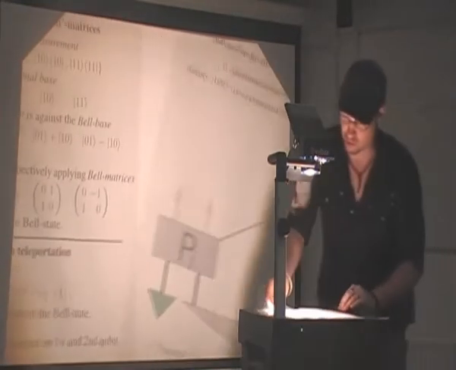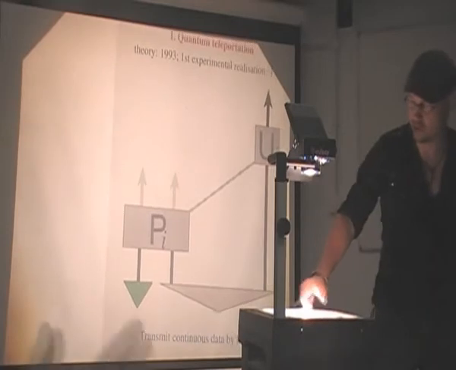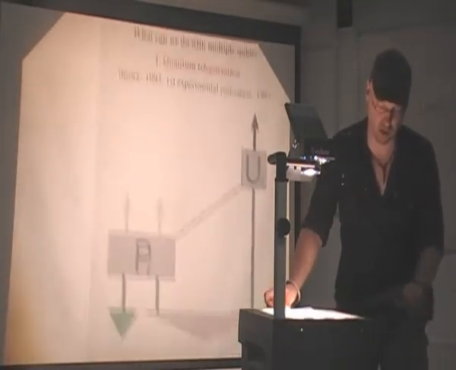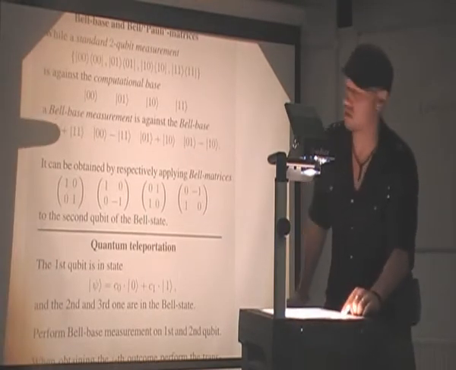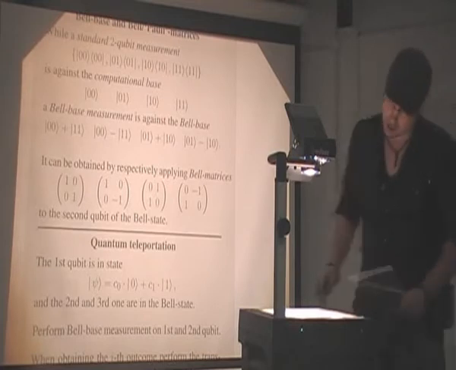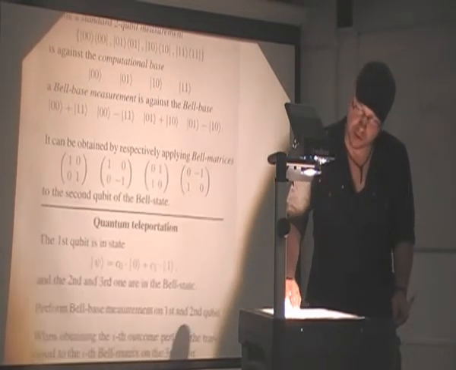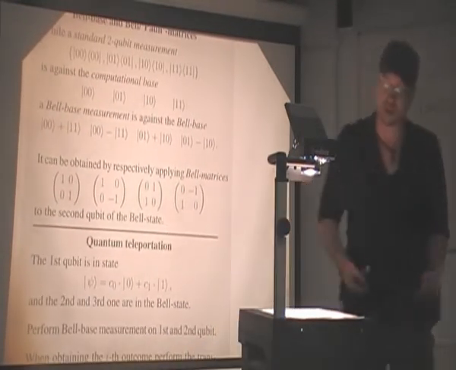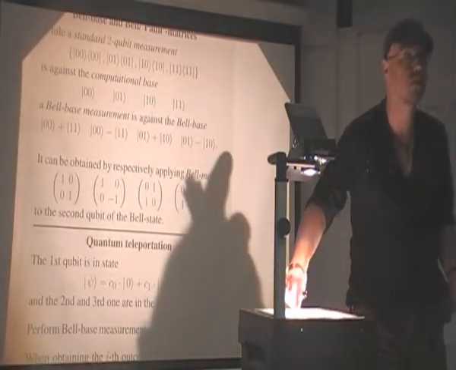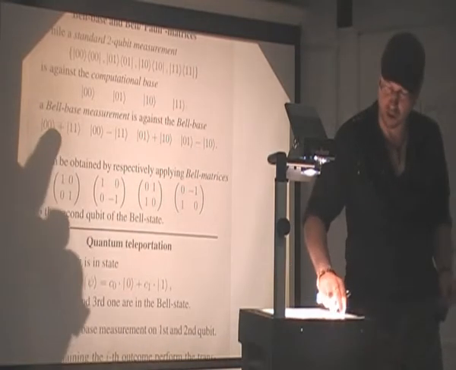So okay, I'm just going to swap them. So you see, the first is in some state, which is denoted by psi. The second one, this thing is the Bell state now, the Bell state being this entangled state. Then we perform a Bell-base measurement of the first and the second qubit, which is a measurement against this base. So these are projectors.